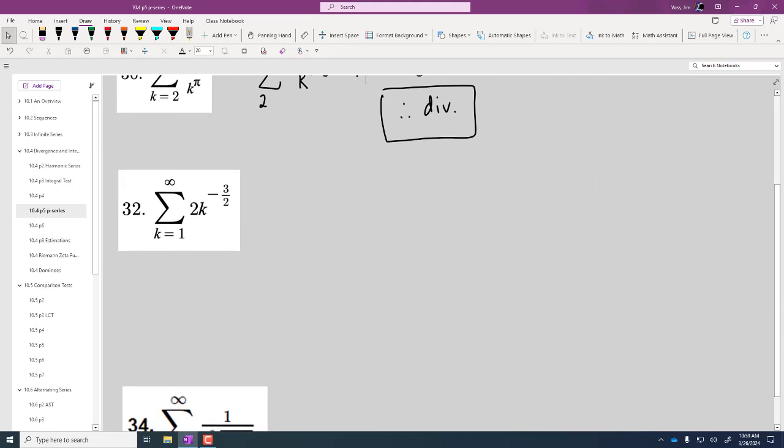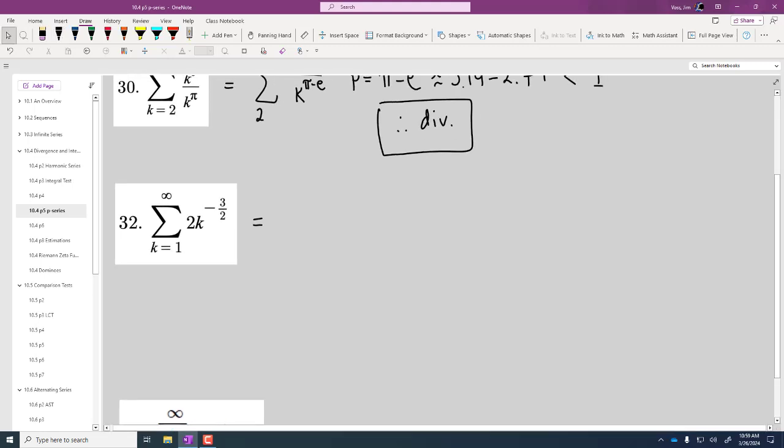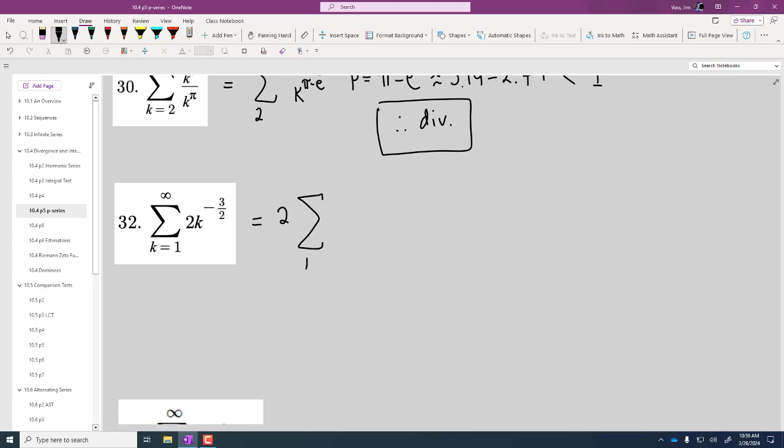Okay, so here we see this stuff going on. Let's bring the 2 out in front. We've already talked about the fact that multiplication by a constant has no bearing on convergence or divergence. So that 2 we can basically ignore.